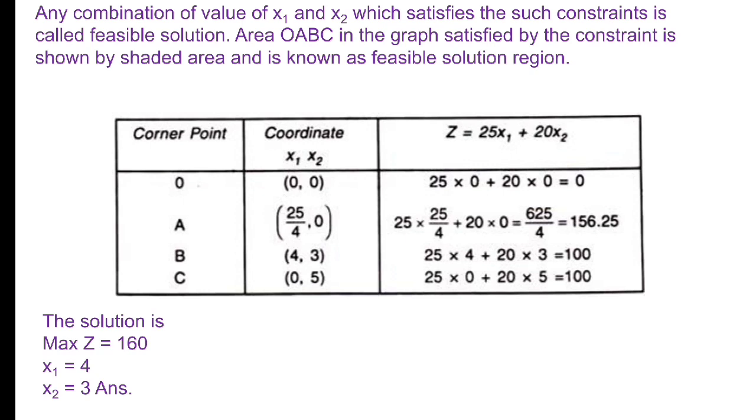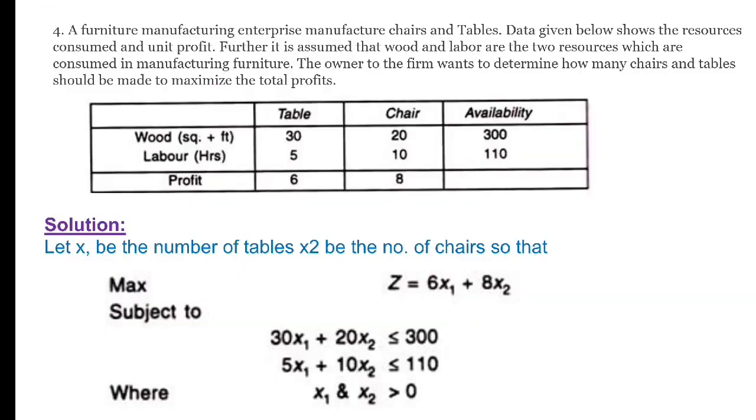So we'll see another problem. It is given in the problem: a furniture manufacturing enterprise is preparing chairs and tables. Wood and labor availability is given. Wood is 300 square feet, labor is 110. What are the conditions?